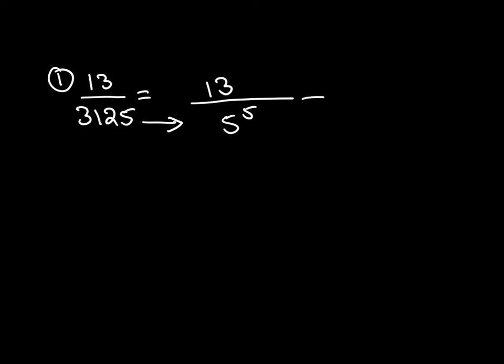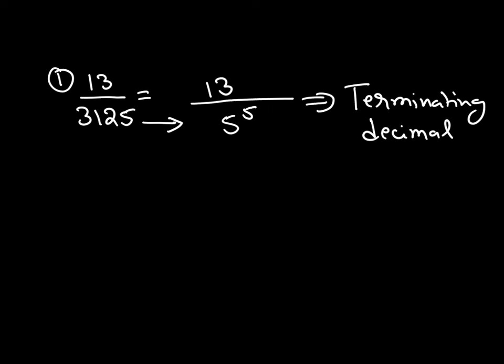So this is going to have a terminating decimal, because we learned that if the denominator is of the form 2 to the power n times 5 to the power m, the fraction is going to be a terminating decimal.